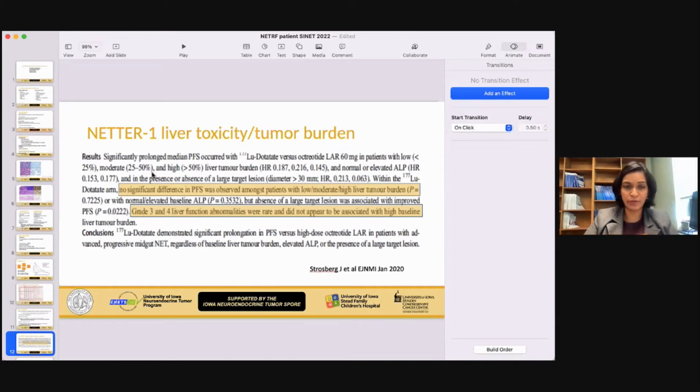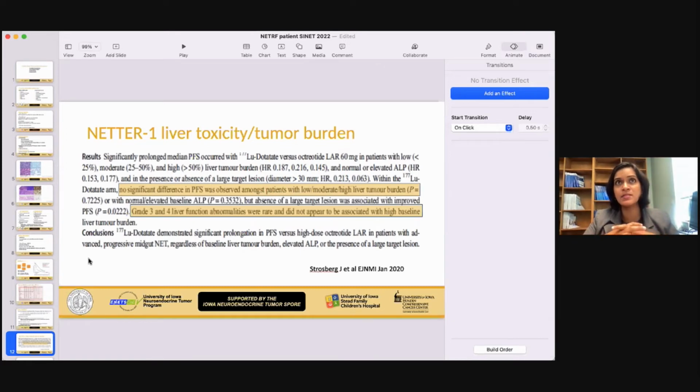Moderate is when it's 25 to 50% of your liver, and high is more than 50%. And in NETTER-1, which had carefully selected patients, there was no difference when you had high tumor burden, both in terms of toxicity as well as in terms of response. So you have differing data about the liver toxicity and what to do about it.